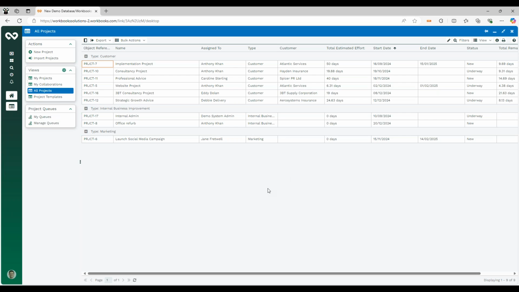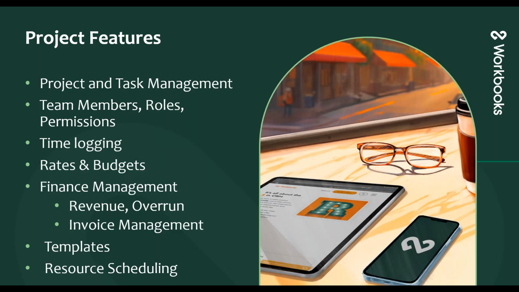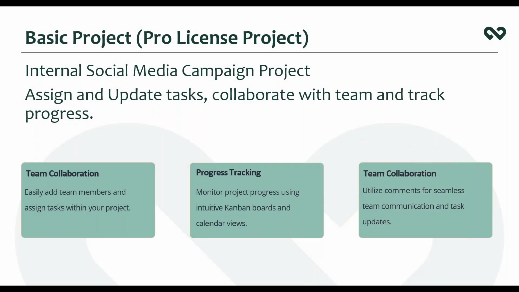We're going to look at a few different use cases that will cover a range of the functionality you'll get with projects. The first use case we're going to have a little look at is a basic internal project. This is going to make use of functionality you'll get with pro licenses within Workbooks.